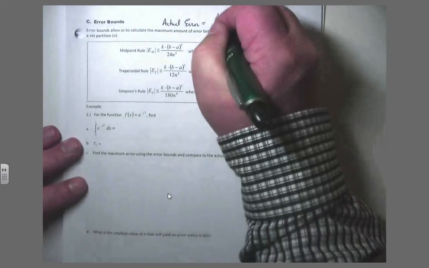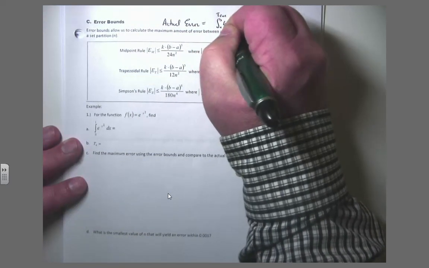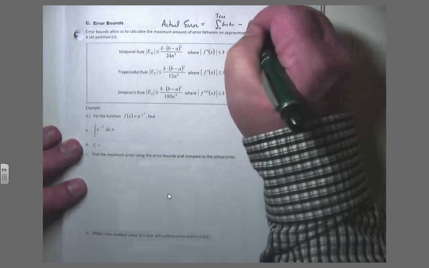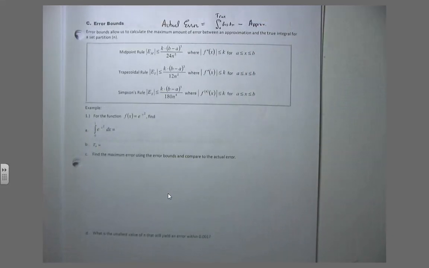It's the true integral from a to b of f of x dx. So you get the actual integral answer, and then you subtract off the approximation. This is how you get the actual error. You take the true integral and subtract off the approximate. And that tells you how much off, quote unquote, your answer from the approximation is.